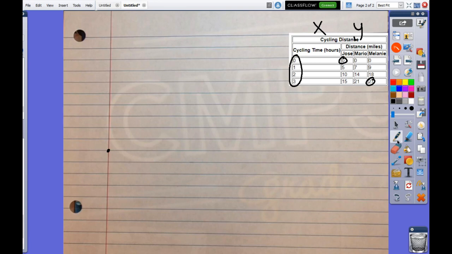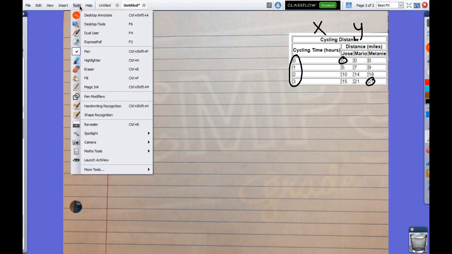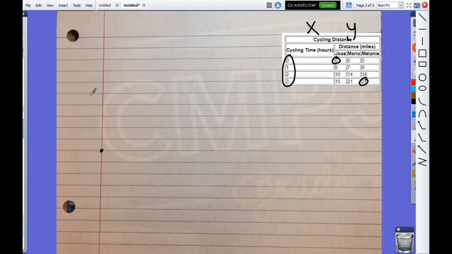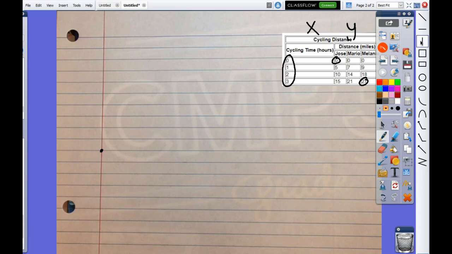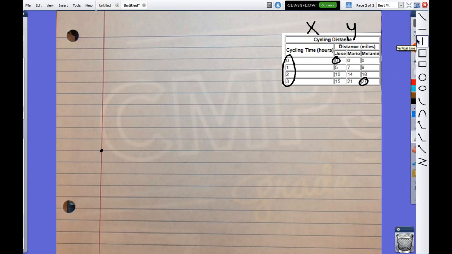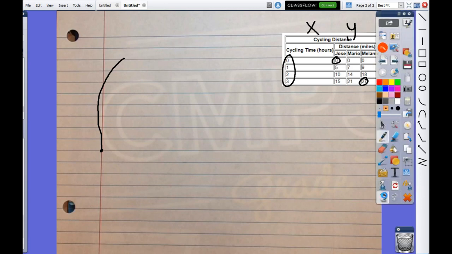I'm not going to use a ruler. I'm going to use a vertical line tool to help, but your student really should use a ruler. Here, I'm going to use a vertical line tool. And oops, that's not a vertical line. Come on. There we go.